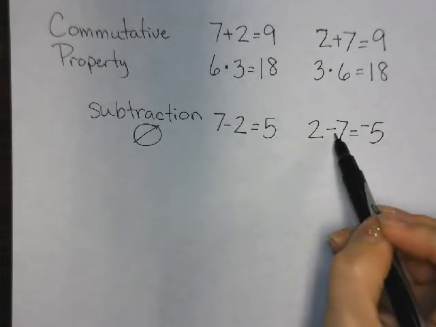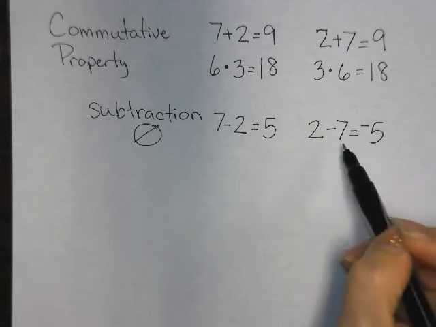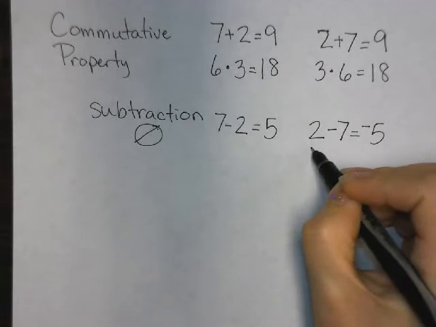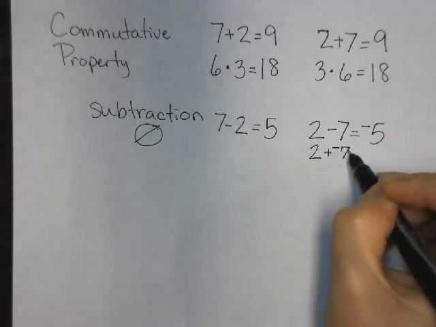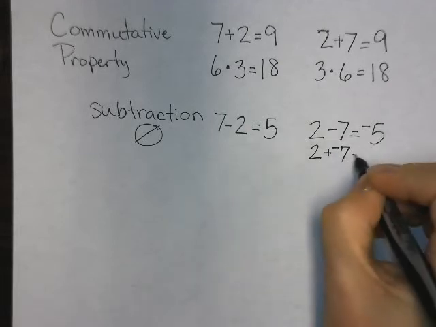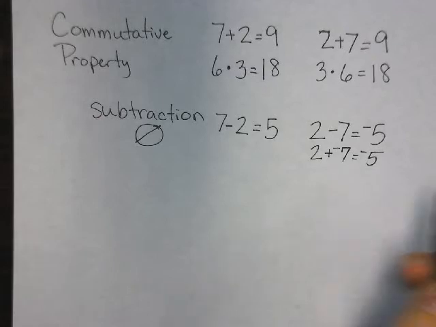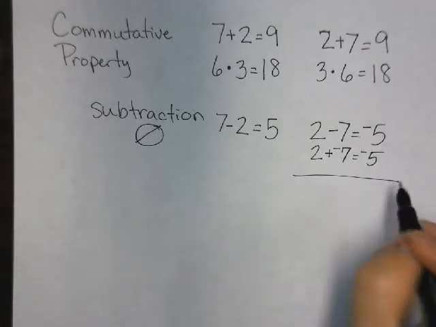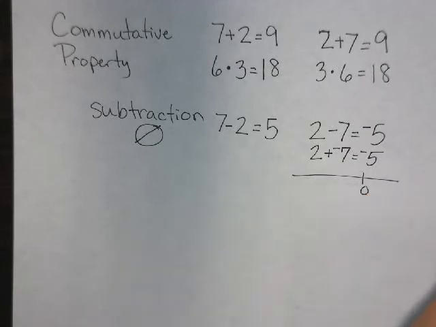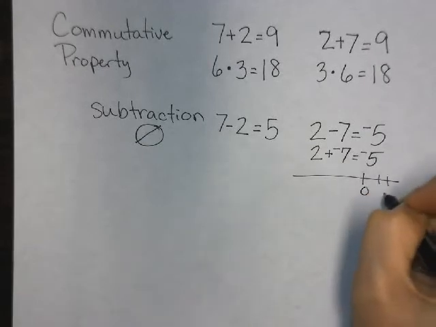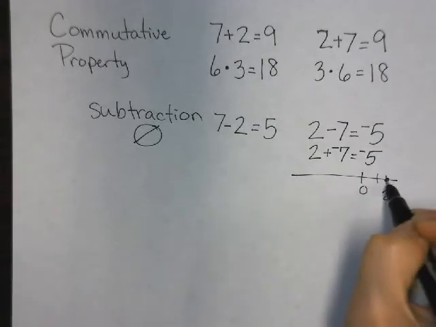Because I am subtracting a bigger number from a smaller number, this is the same as taking 2 plus a negative 7, which is why my result is a negative 5, because the negative 7 is the bigger number. And if we were on the number line, we would start at 2 and add a negative 7.